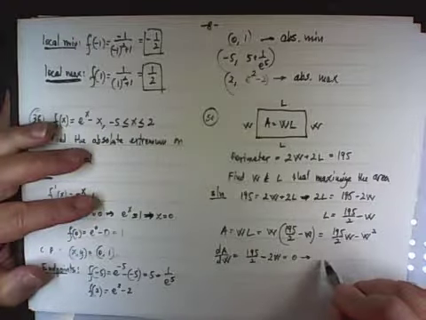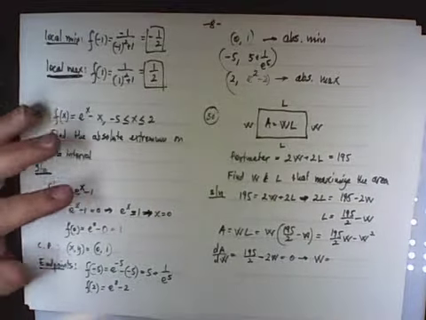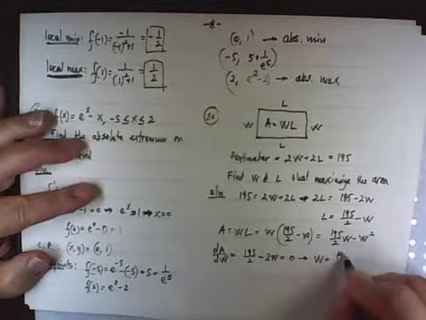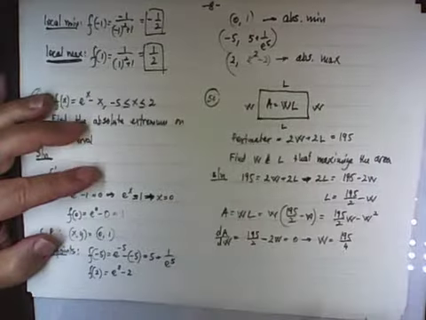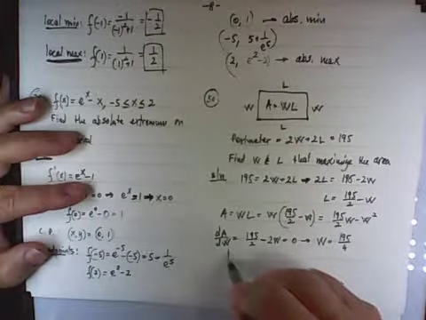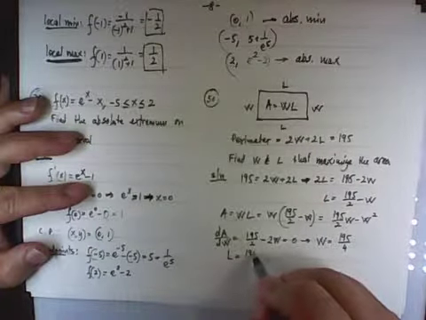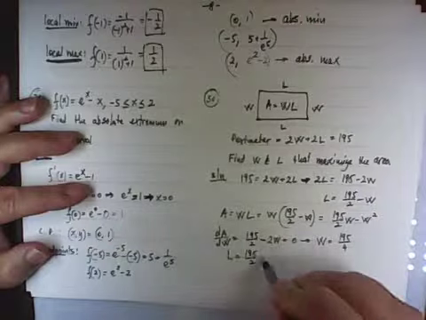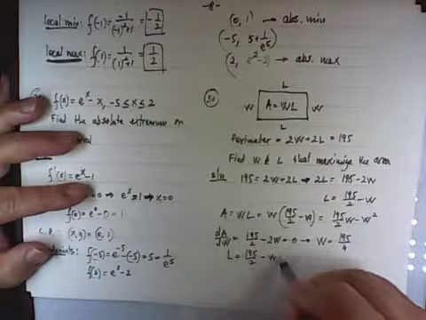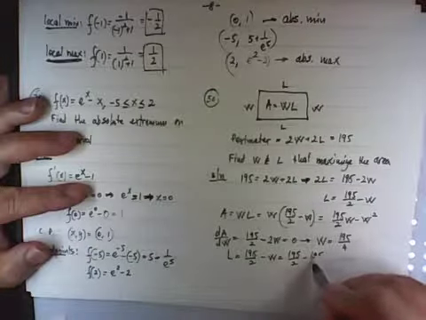So W equals 195 divided by 4. Okay? So if that's the case, what is L? L equals 195 divided by 2 minus W, or 195 divided by 2 minus 195 divided by 4.